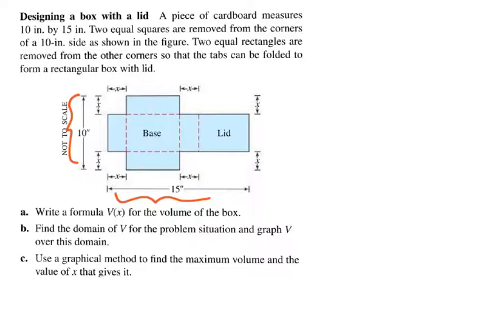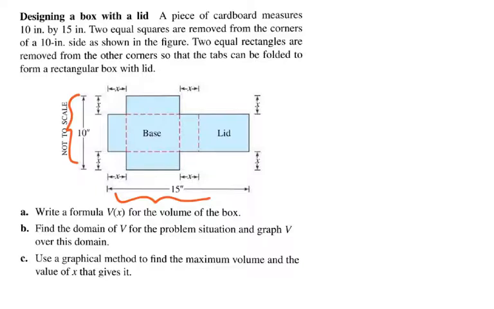So let's read the rest of the problem and see what we need to find. First, we're going to set up a formula for the volume of the box. Then we will determine the domain of V for the problem situation and the graph of V over this domain.